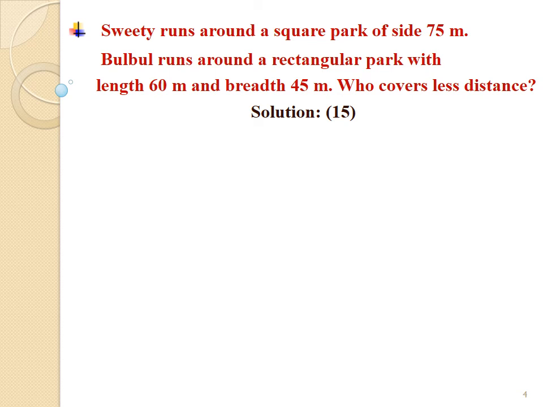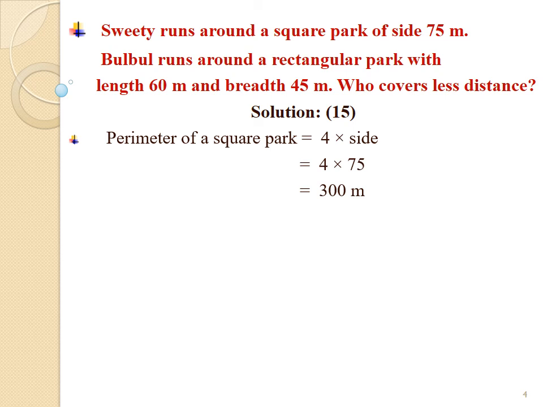For Sweetie, perimeter of the square path equals 4 multiplied by side, equals 4 multiplied by 75. Now, multiplying 75 by 4, we get 300 meters. Thus, the distance covered by Sweetie is 300 meters.